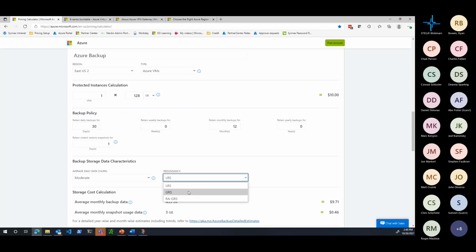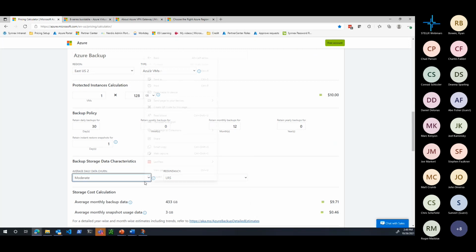It's there, but it's not geographically separate from that data center. There's a pair that it's getting copied and replicated to as well. The RA is read access geographically redundant storage, meaning that you can read access the storage in the other location. Typically we do LRS.